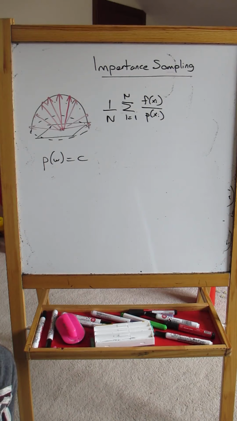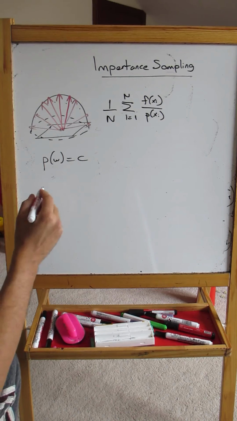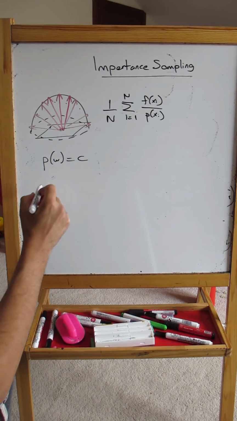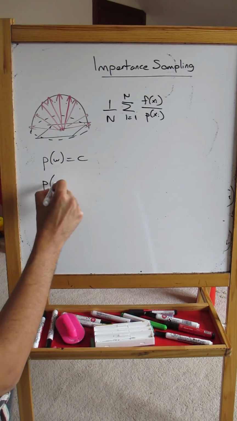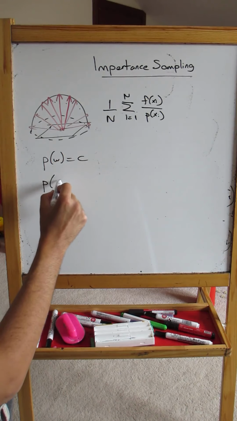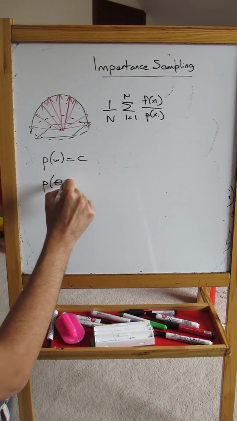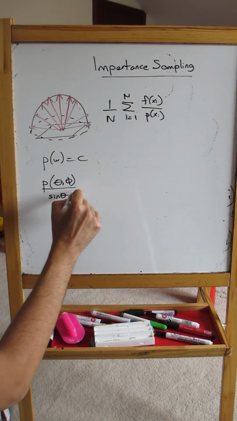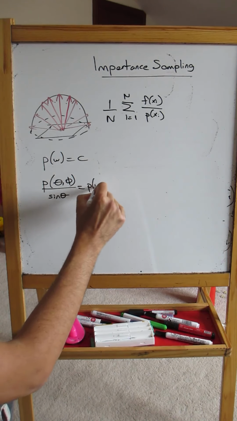And if you remember, using the Jacobian formulation, what we had was the following: P(theta, phi) divided by sin theta was equal to P(w).